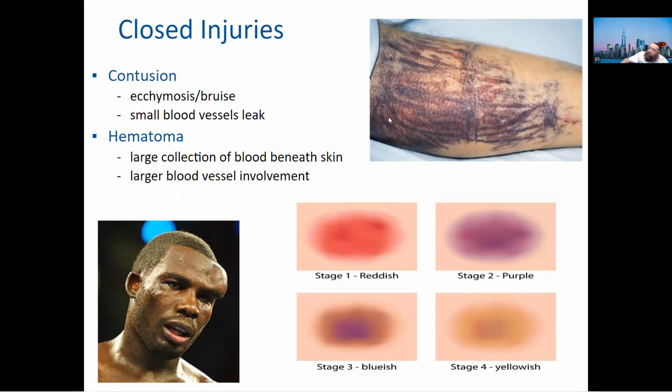So the first one is going to be, this is called a black and blue, right? In layman's terms, black and blue. So now we're going to call this a contusion. That is the word that we need to know. There is another word that's used less called ecchymosis. Both words mean the same thing.